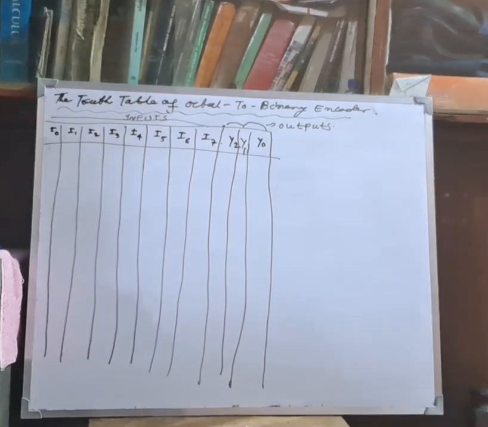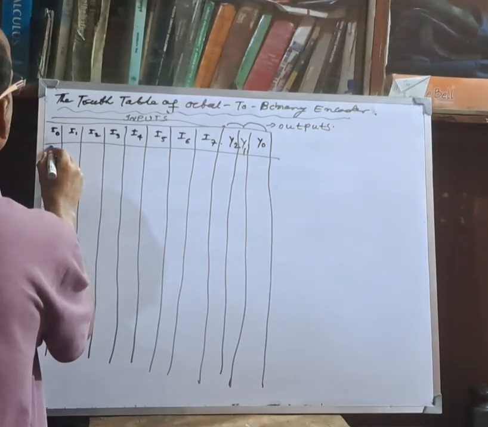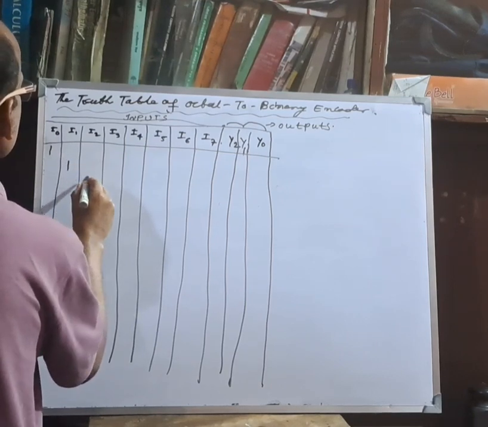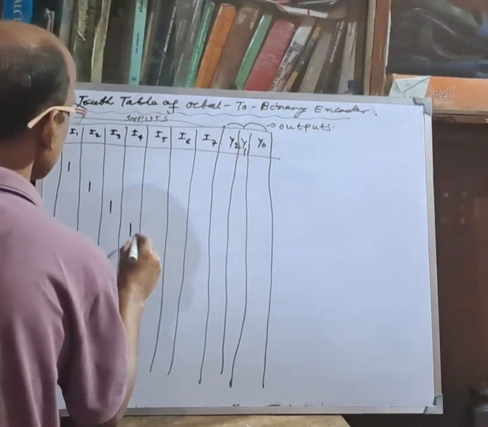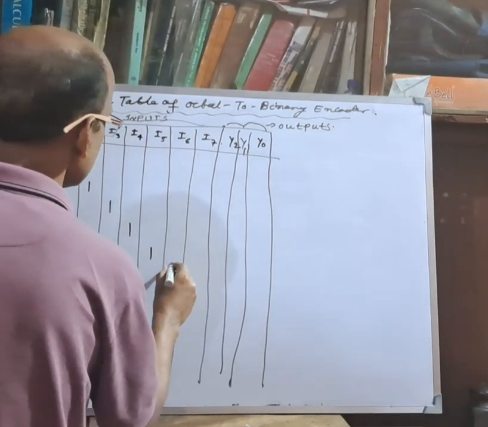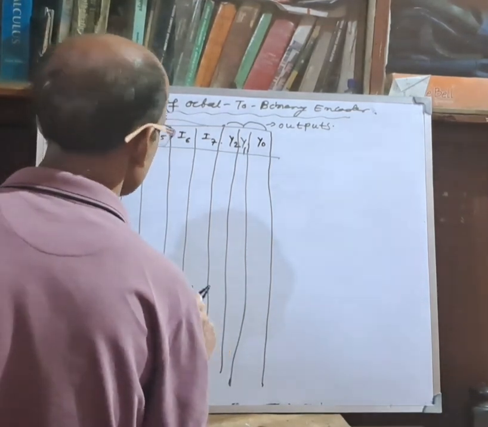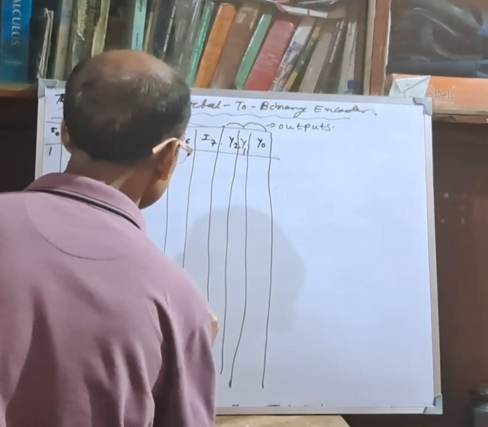Okay. And you know, in this way, first of all, you will write this way. This is high, this is high, this is high, this is high, this is high, this is high, this is high, this is high. Sorry, up to this it will be high.